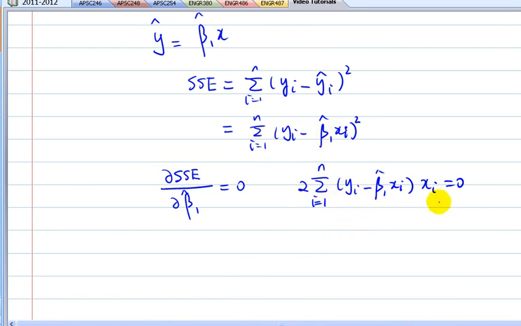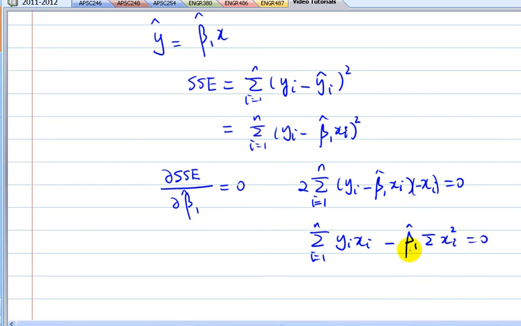The 2 is gone, and the negative will be gone too. So you can just expand this and write it separately: sum of y_i x_i, minus beta 1 hat times the sum of x_i squared, equal to 0.